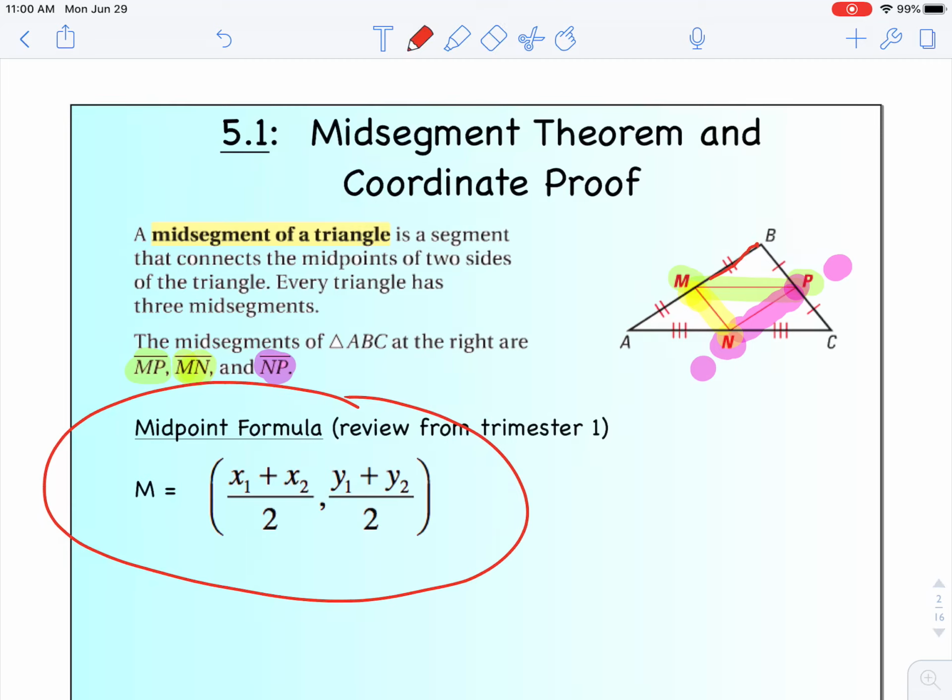Because M is the midpoint, we know that MB and MA would be the same. But what would that do to NP over here? What do you think that length would be compared? Or is there anything else that it looks like it might be? Think about that for a minute.